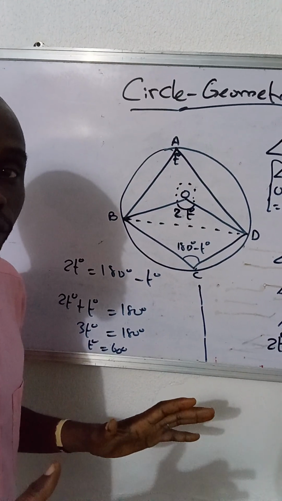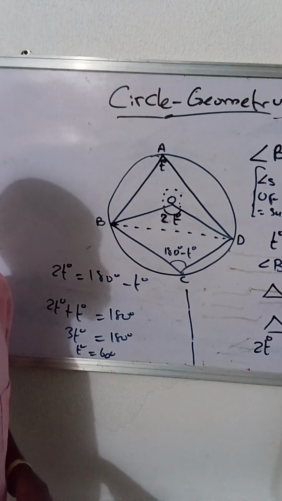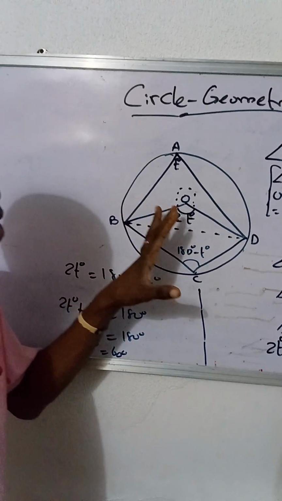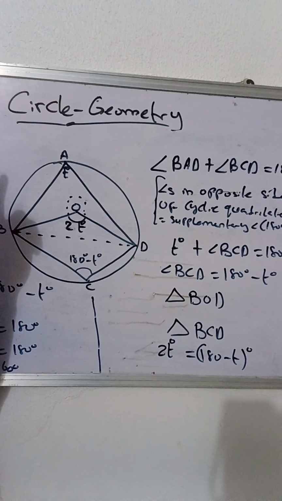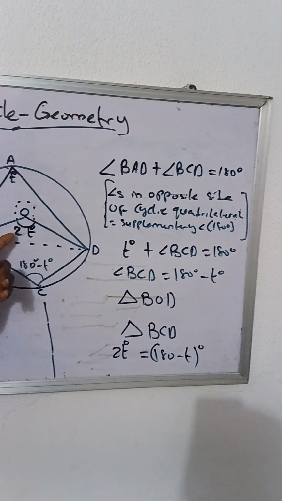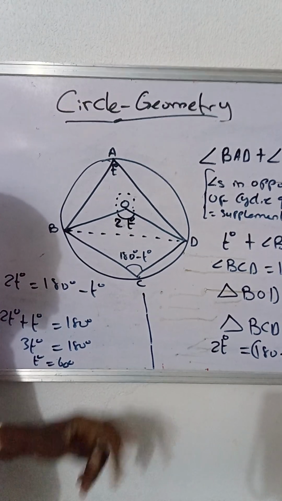So that is just the technique in solving problems in circle geometry. How many theorems did we apply? One, the angle at the center is twice the angle at the circumference.